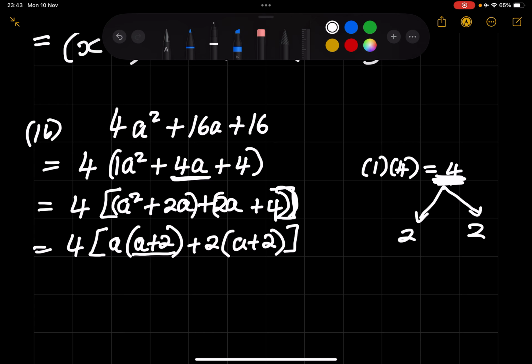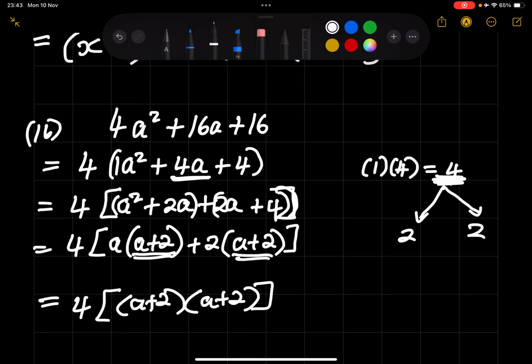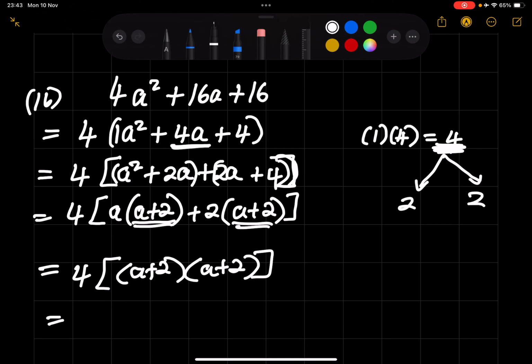And then we can see that this is common on both. So we're going to have 4 in bracket. We take a plus 2 out. And then we have another a plus 2. And that is fully factorized. But if you want to, you can write it this way. You can say 4 times a plus 2 all squared. And that is factorized perfectly.